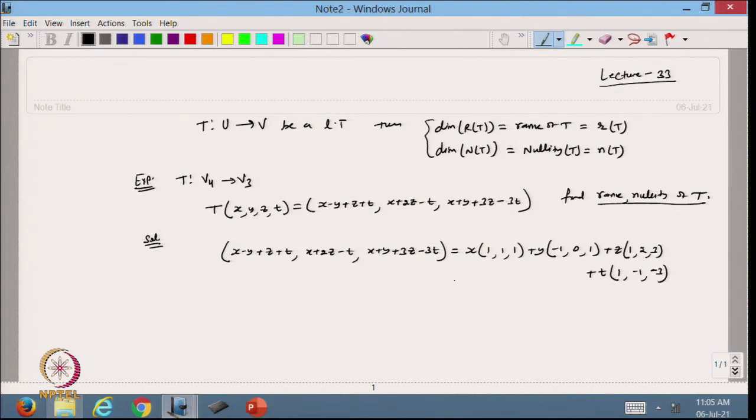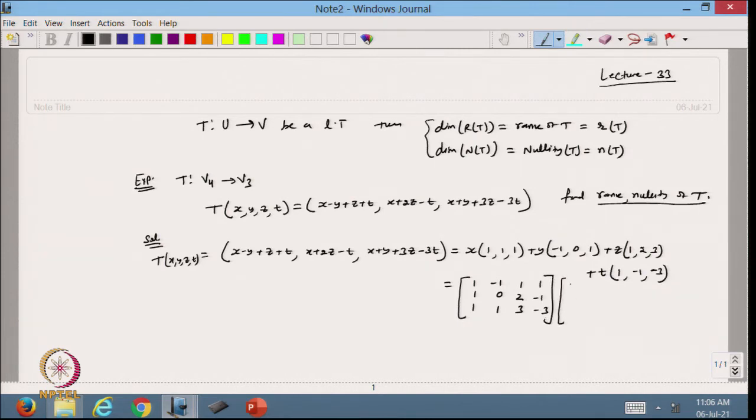And if you see from here, this is equal to my T(x, y, z, t). Now I will take a matrix with the first vector as the first column, then (-1, 0, 1), (1, 2, 3), and (1, -1, -3).